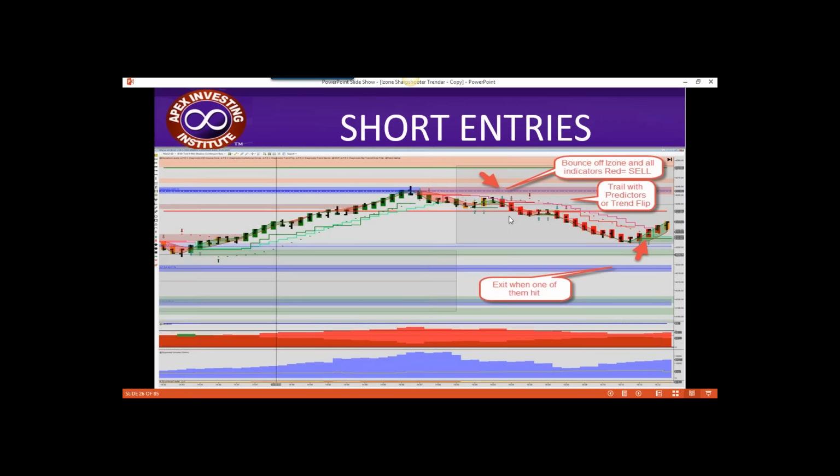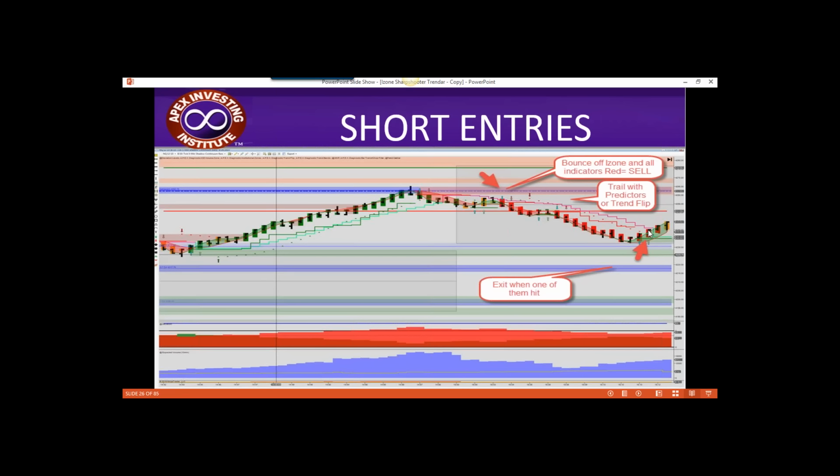And at the same time, what's red? Trend bands is red, trend flip is red, and the bar color is red. So what do we do? 3 ticks below that, we go short, we sell. We follow it all the way down. When the market pops up, hits the predictors, 3 ticks, we get out. Okay, that's it.